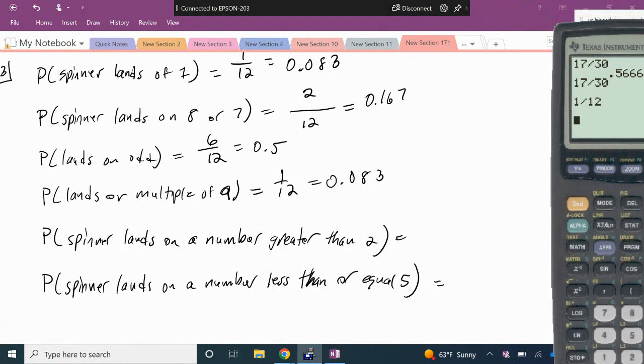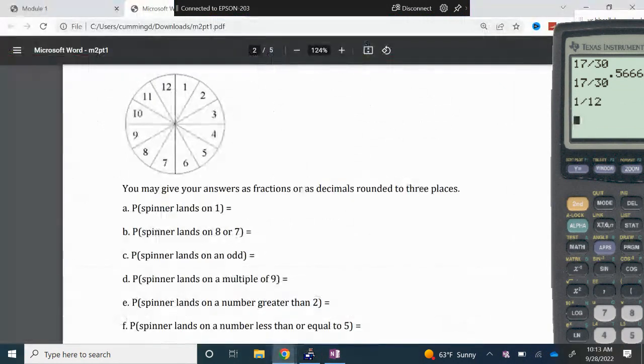Okay, so what's the probability that the spinner lands on a number greater than 2? Right. So now, since it's greater than 2, I'm not going to choose 1. I'm not going to choose 2 because 2 is not greater than 2. Now, if it says greater than or equal to 2, I would choose 2.